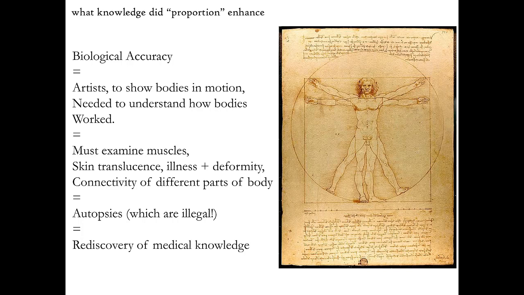What's connected? And so kind of the most famous way you can do this is you can keep painting people who are alive. But what artists will start to do is do autopsies, because they need to know what's underneath the skin. And you can't really do that to living people. So autopsies are illegal. That's desecrating a dead body.